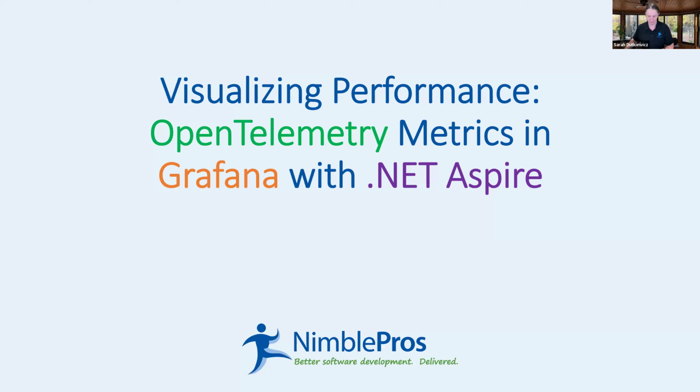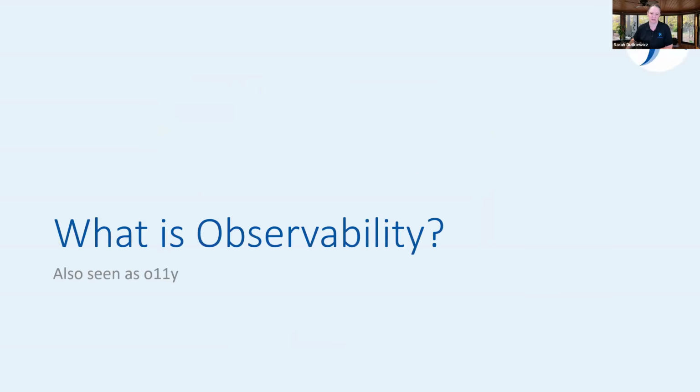Okay, so before we can talk about the OpenTelemetry, Grafana, and .NET Aspire part, we need to talk about something else. We need to talk about observability. So when I say observability, what do you think? All right, I see some comments here where people are talking about numbers and metrics and visualization.